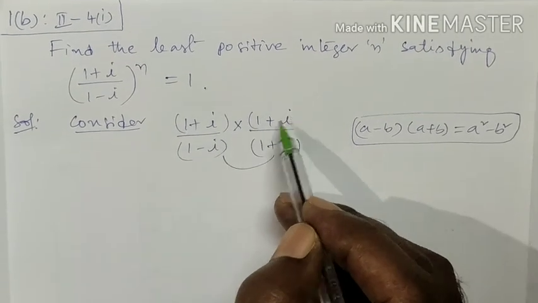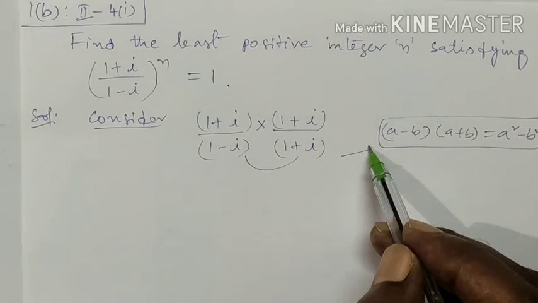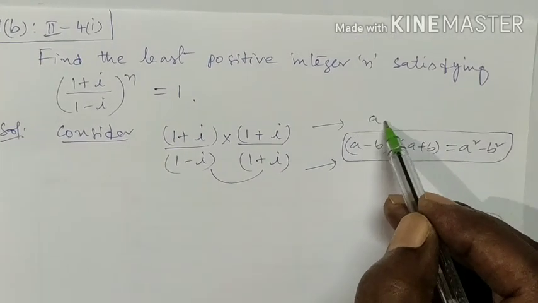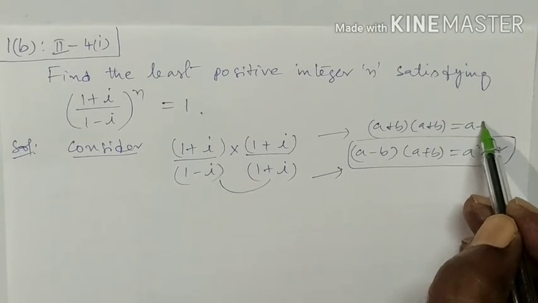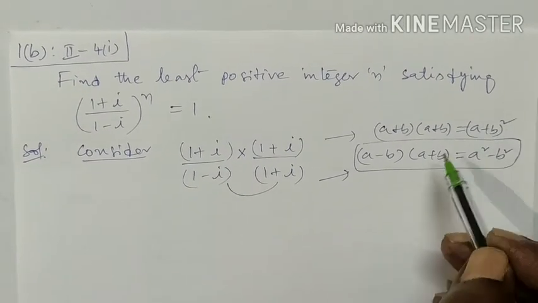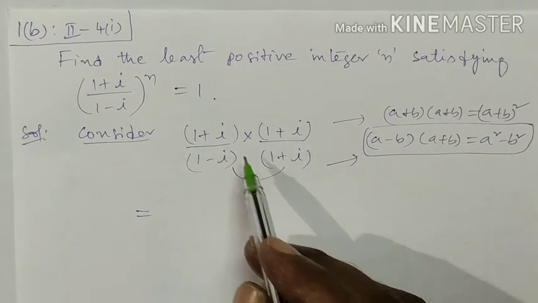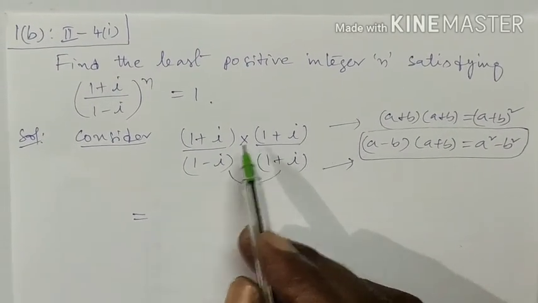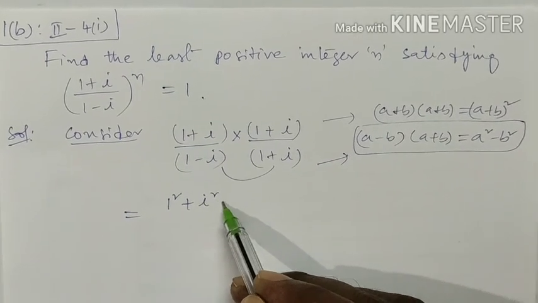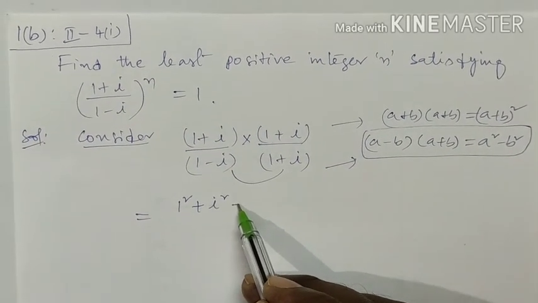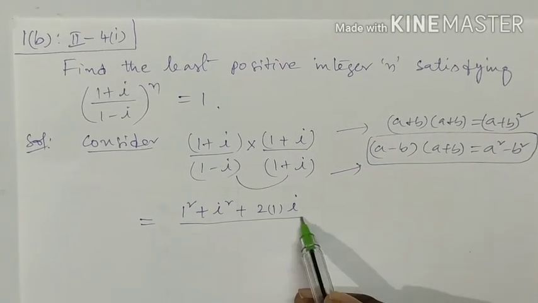And numerator a plus b into a plus b, that is a plus b whole square. So this will give a square plus b square plus 2ab.